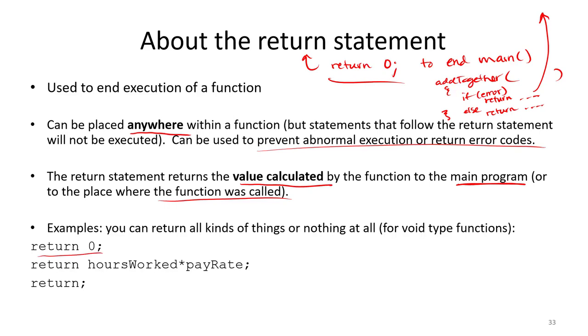And you can return all kinds of things. So you can just return 0. You could return an expression, like hours worked times pay rate. You can also return nothing at all. So functions which are void type actually do not return any value.